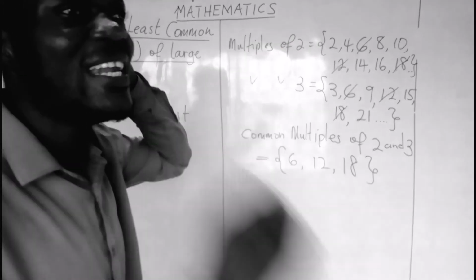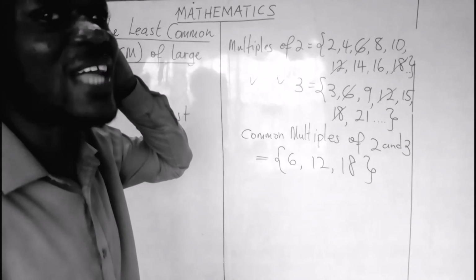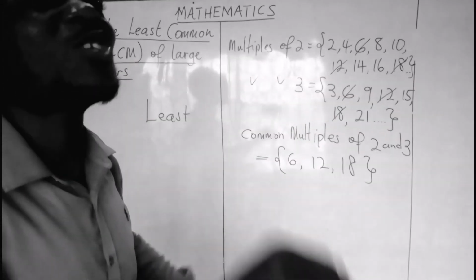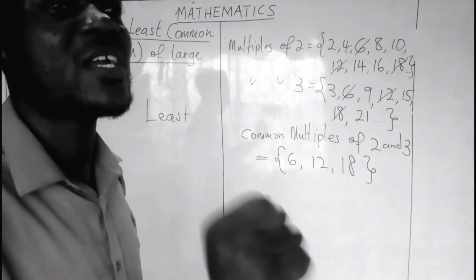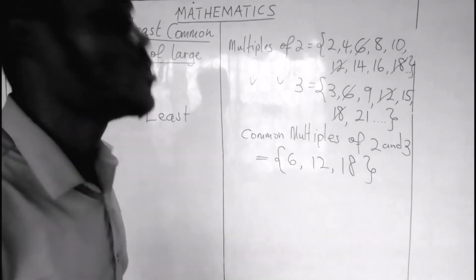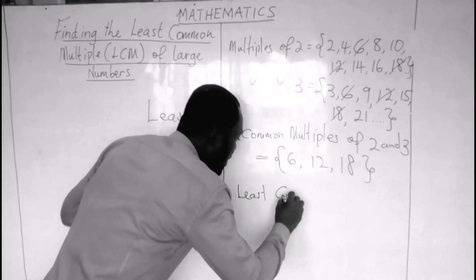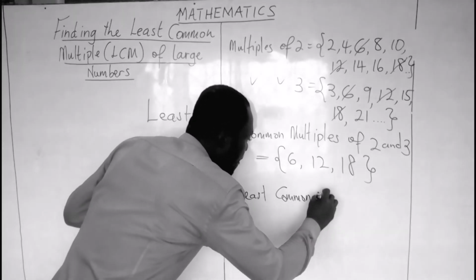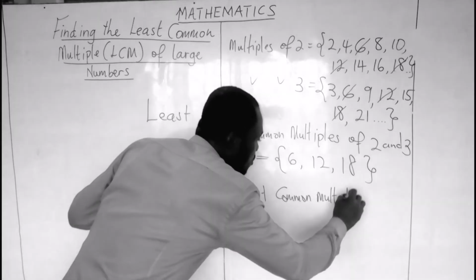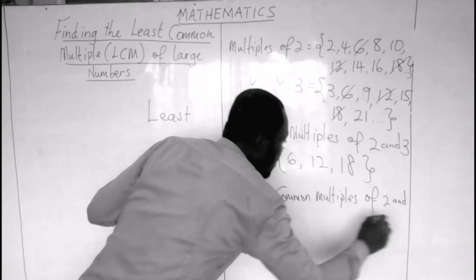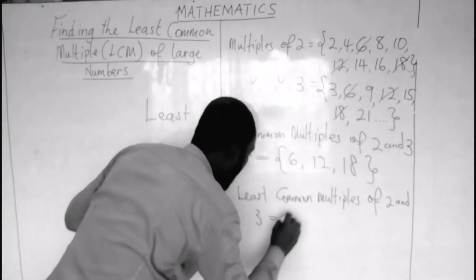So it means the least common multiple simply means that let's go to the set of common multiples and choose the smallest number among that group. Alright, so the least common multiple of 2 and 3 is what?